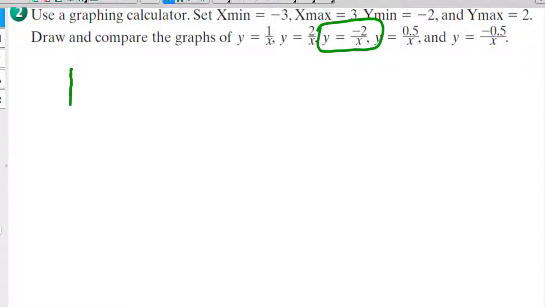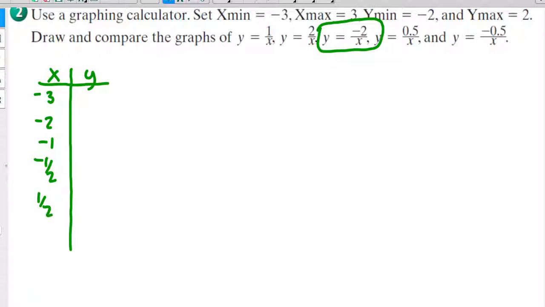Since there is no value being added to the x in the denominator, I am just going to stick with the -3, -2, -1, -1/2, +1/2, 1, 2, 3, just because it makes it easy. I don't have to keep coming up with different numbers. And the thing is, it just cannot be 0. So I want numbers less than 0, and I want numbers greater than 0.